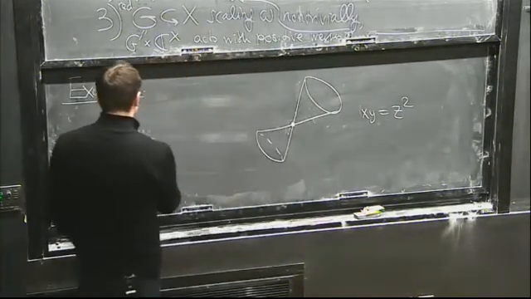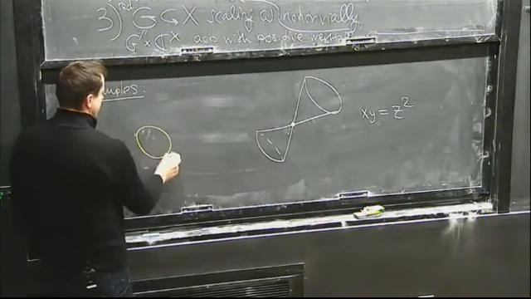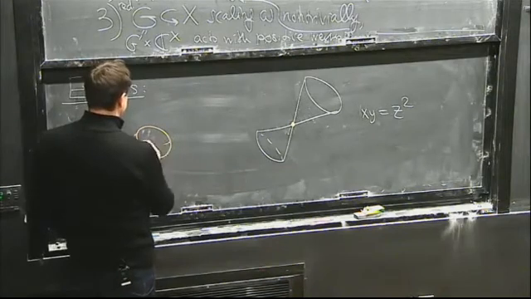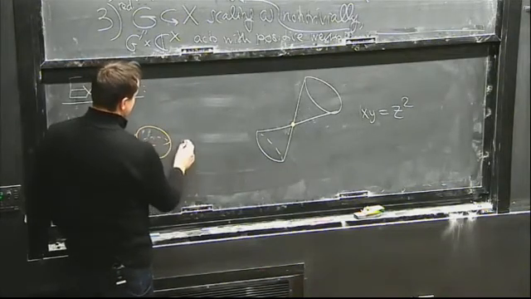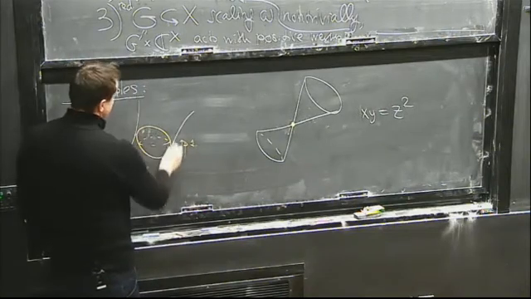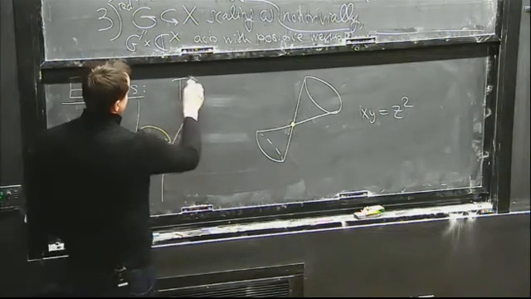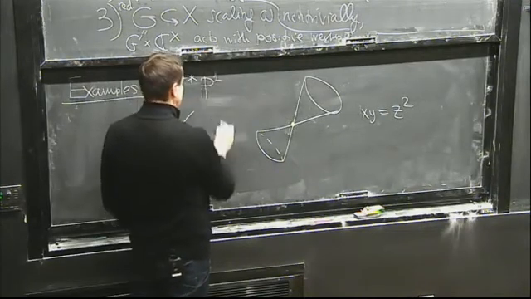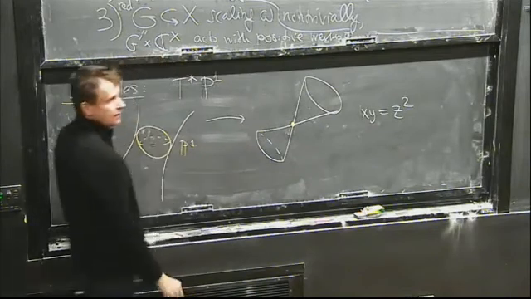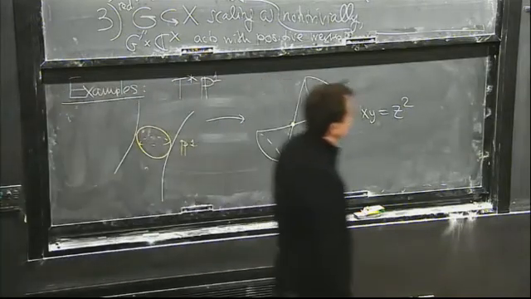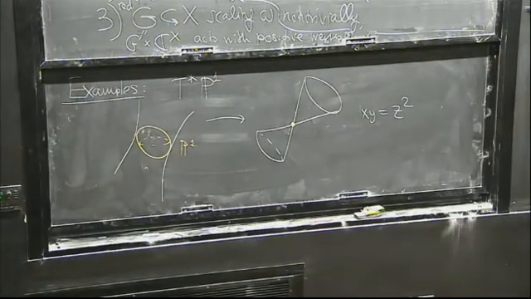This is my P1, which is the exceptional fiber of the blow up, and the total space is then T star P1, mapping here.